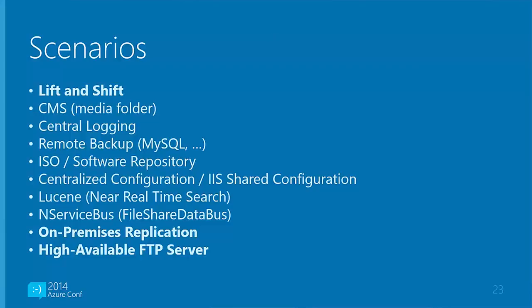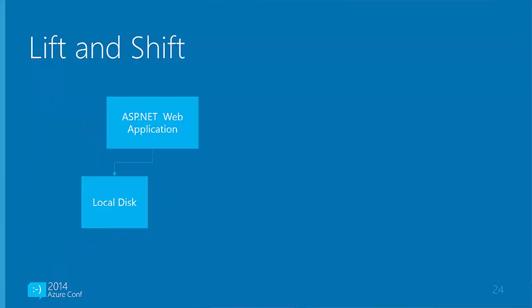And we'll start out with a lift and shift scenario. So imagine we have an application running on premises. This application is an ASP.NET web application, and it could persist its files on a local disk or on a DFS.